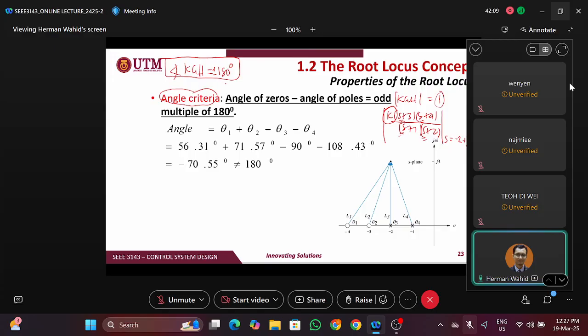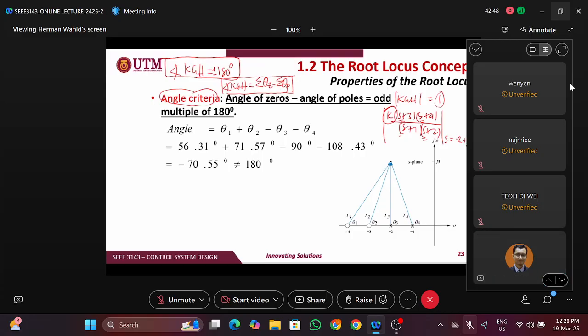The angle of KGH is given by the summation of the angles of the zeros minus the summation of the angles of the poles. Angle criteria is given by angle of zeros minus angle of poles equal to an odd multiple of 180 degrees. In this case, I'm just using 180 degrees.